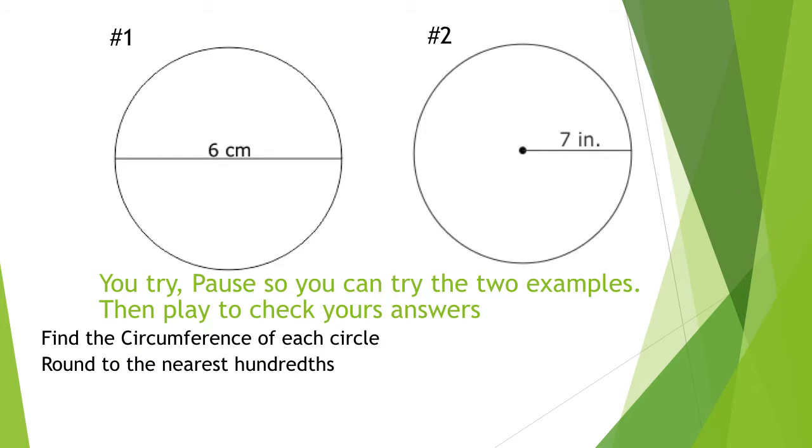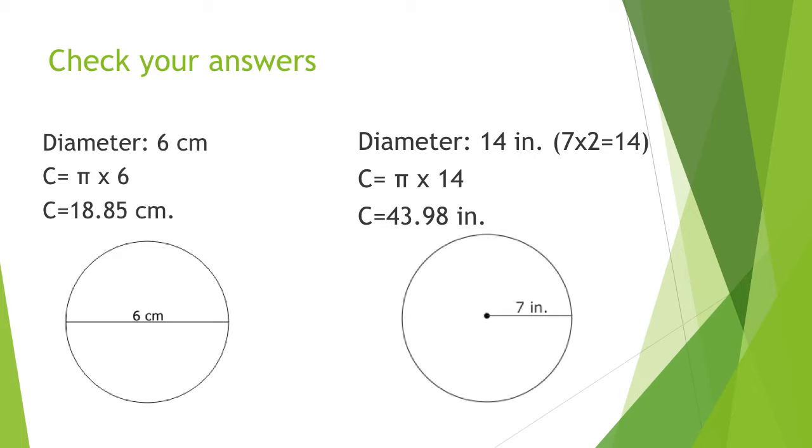Try these two examples. Find the circumference of each circle. Round to the nearest hundredth. You can pause so you can try them and play to check your answers. The answer number 1 is 18.85 centimeters.